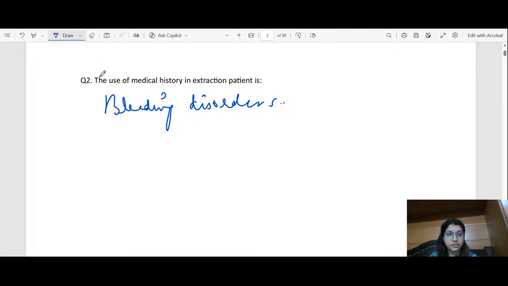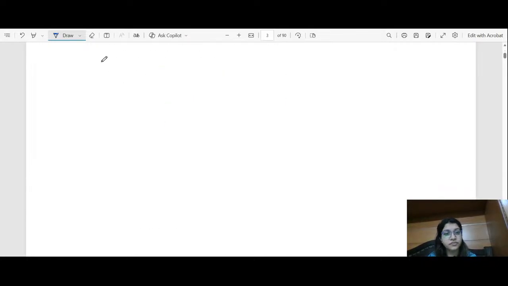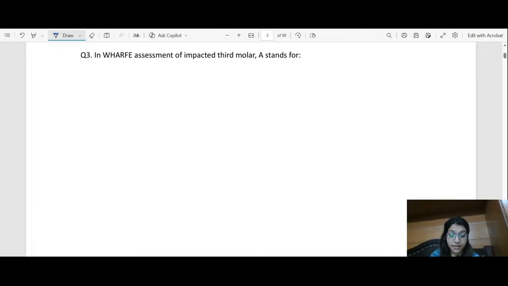Next question. In WHARFE assessment of impacted third molar, A stands for. So what is this scoring system? Let's write what W stands for.